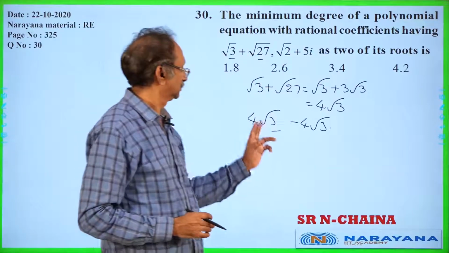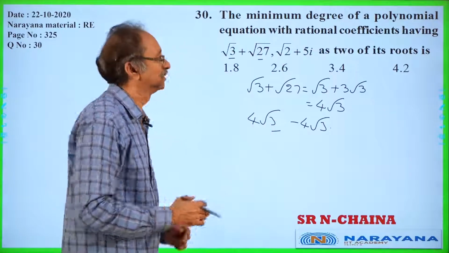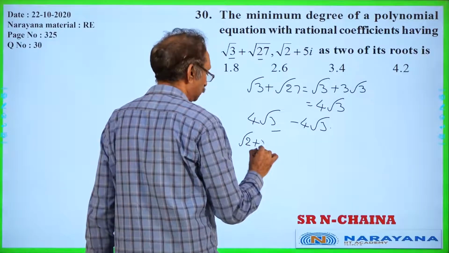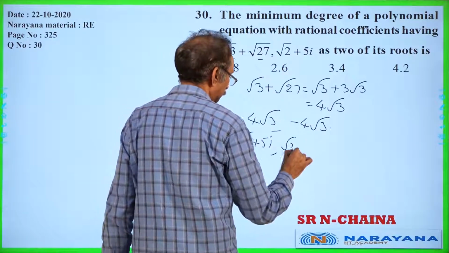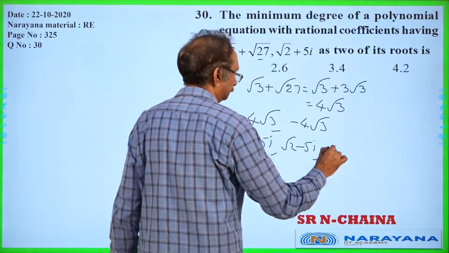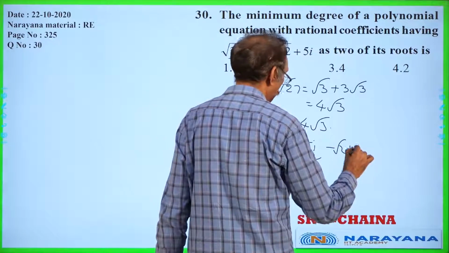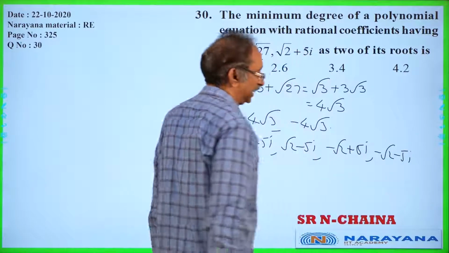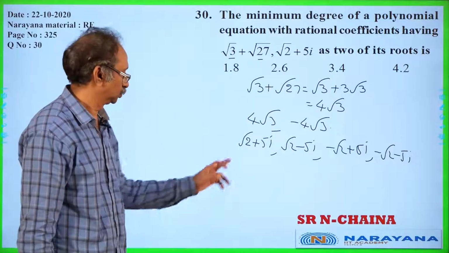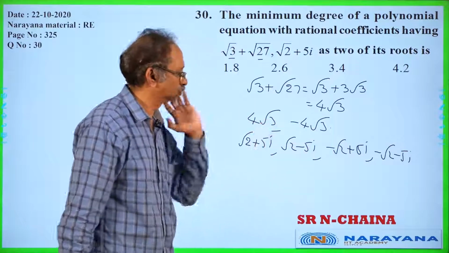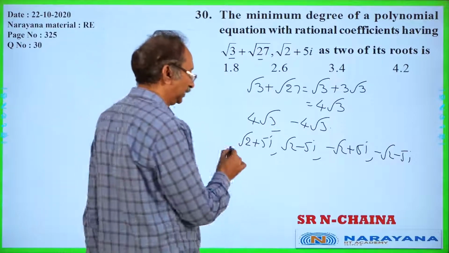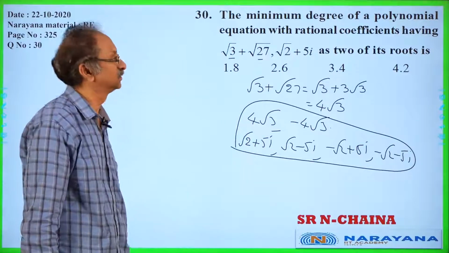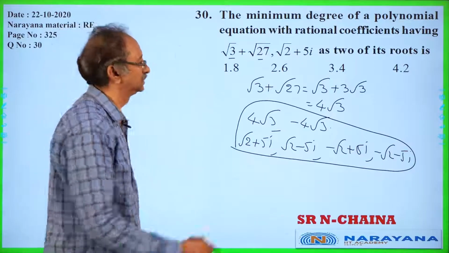So for this, there will be 2 roots like this. But for this, there will be 4 roots. One is root 2 plus 5i, root 2 minus 5i, minus root 2 plus 5i, minus root 2 minus 5i. So there are 4 roots here, there are 2 roots only here. Totally we need 6 roots to get the rational coefficients. Therefore minimum degree is 6 only.